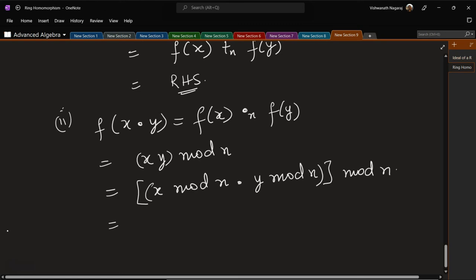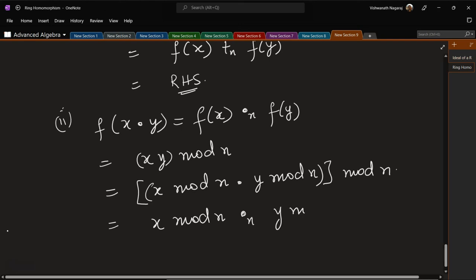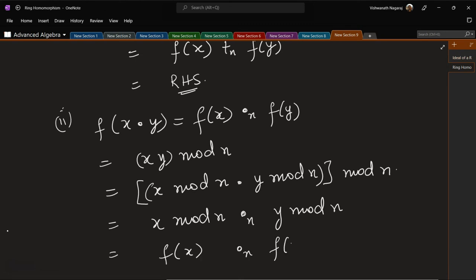So once we take care of this, this becomes x mod n multiplication modulo n y mod n, which is nothing but f of x multiplication modulo n f of y, which is the RHS.